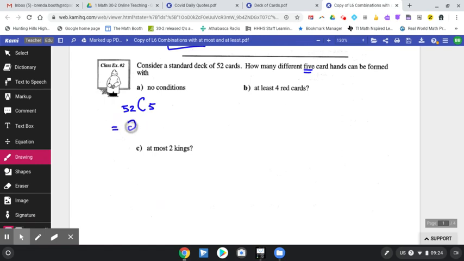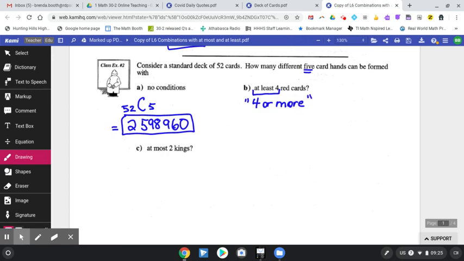And that means there are 2,598,960 different groups of 5 or different combinations of 5 cards could be made. And then B, with at least 4 red cards. So at least 4, in our own words, we'd say that's 4 or more.